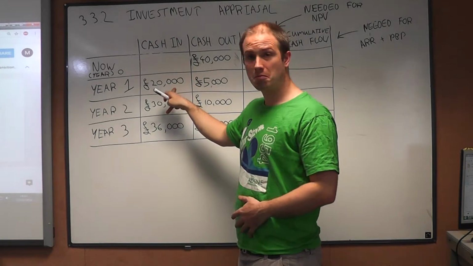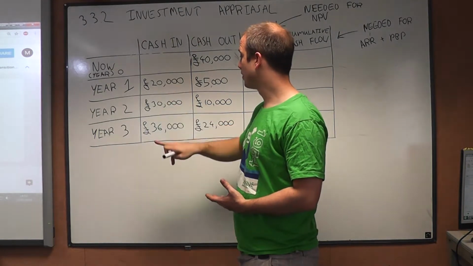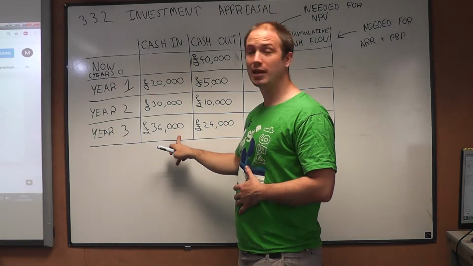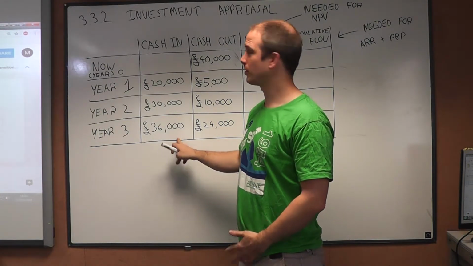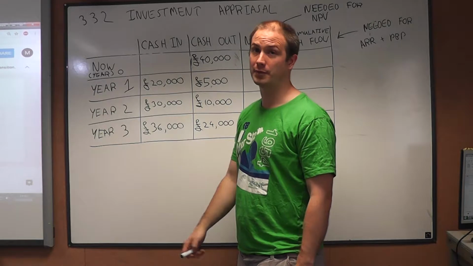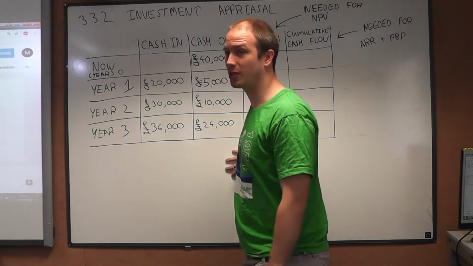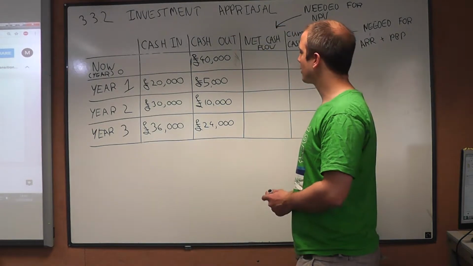Then for year one, it made £20,000. For year two, it made £30,000, and for year three, it made £36,000. So in this case, it's getting more profitable as time goes on. That may not always be the case. Sometimes things go out of fashion and things change.